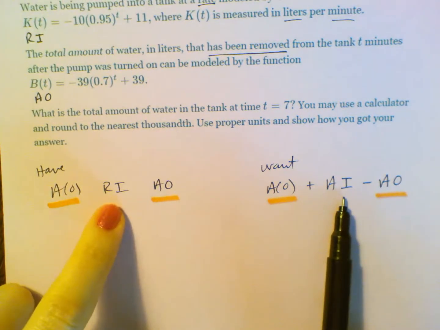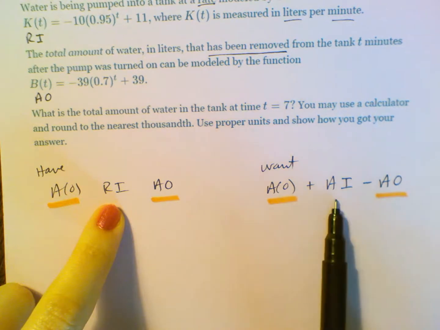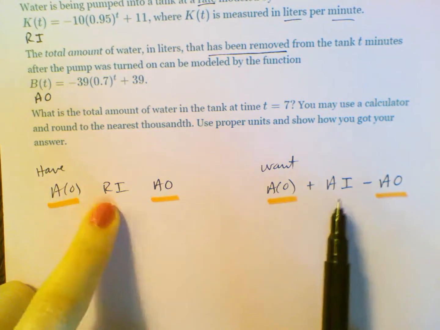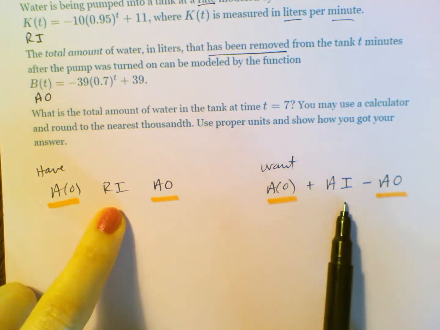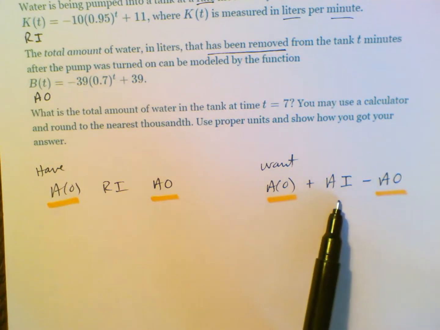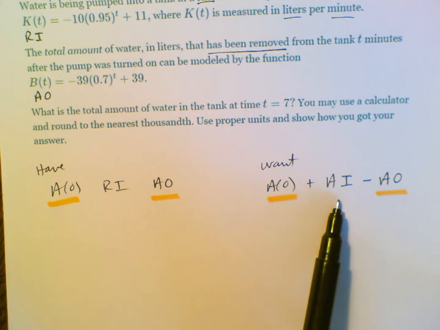I have the rate at which water is being pumped in, and I want the amount of water that has been pumped in at t equals 7. So guys, how do I relate these two things? From the net change theorem, okay? If you've got a rate and you want the amount of change, you do the integral, all right?